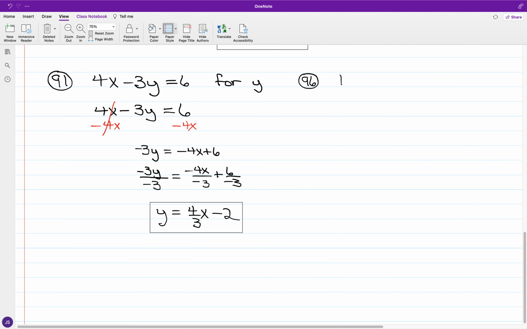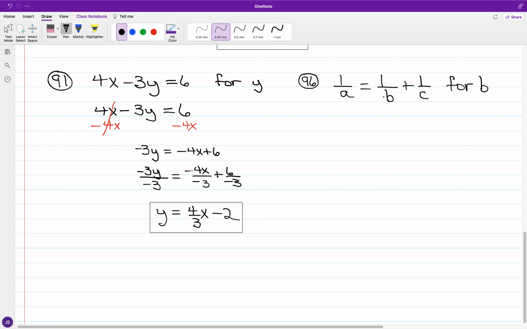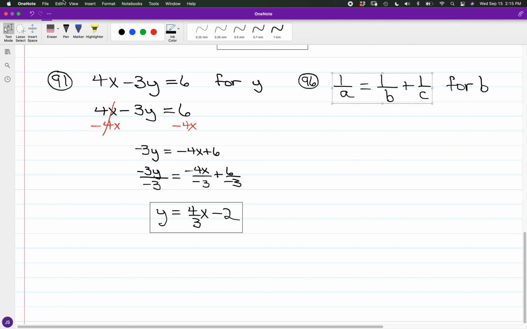Right now we have the reciprocal of A is equal to the sum of the reciprocals of B and C. So we have 1 over A equal to 1 over B plus 1 over C. And we're looking at solving for B. In other words, we're getting this in terms of B equals, but right now we have B as a denominator in the second fraction of this equation.